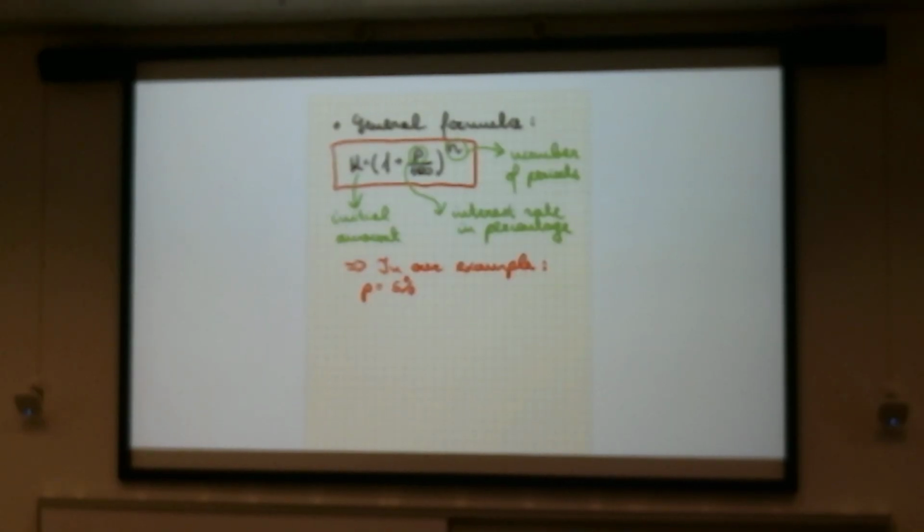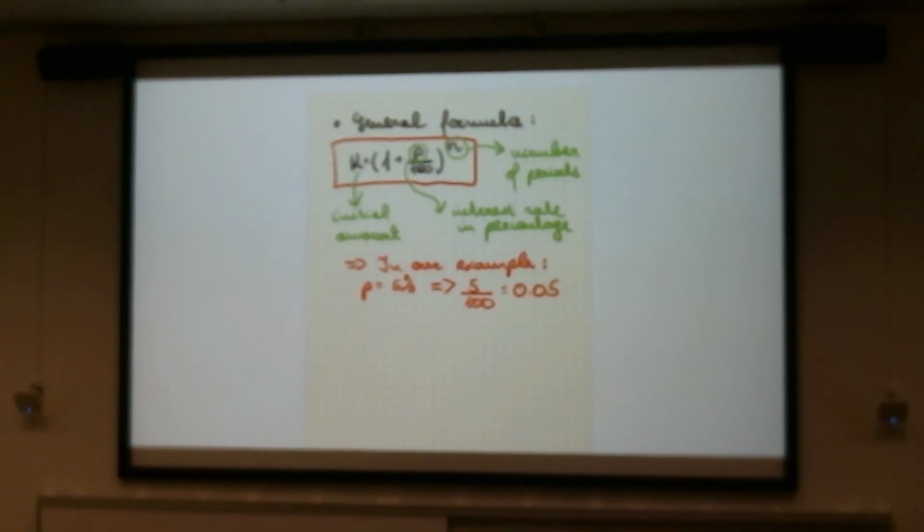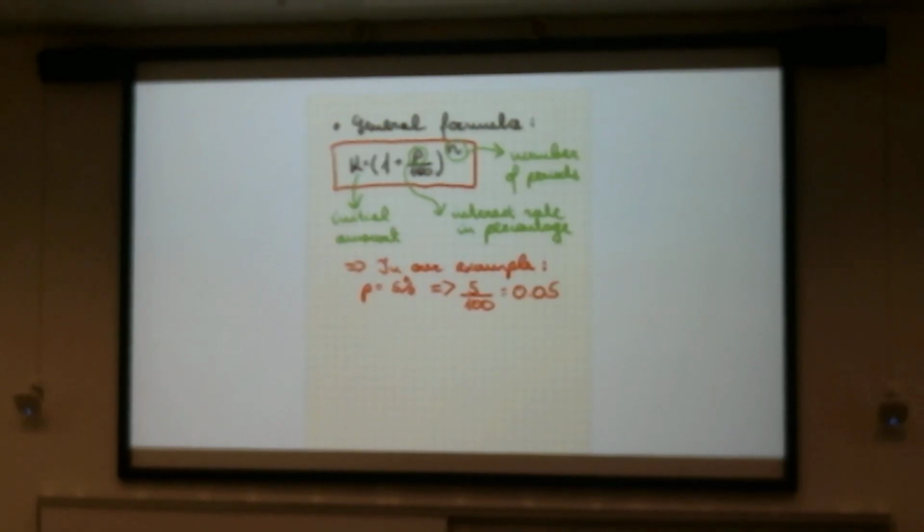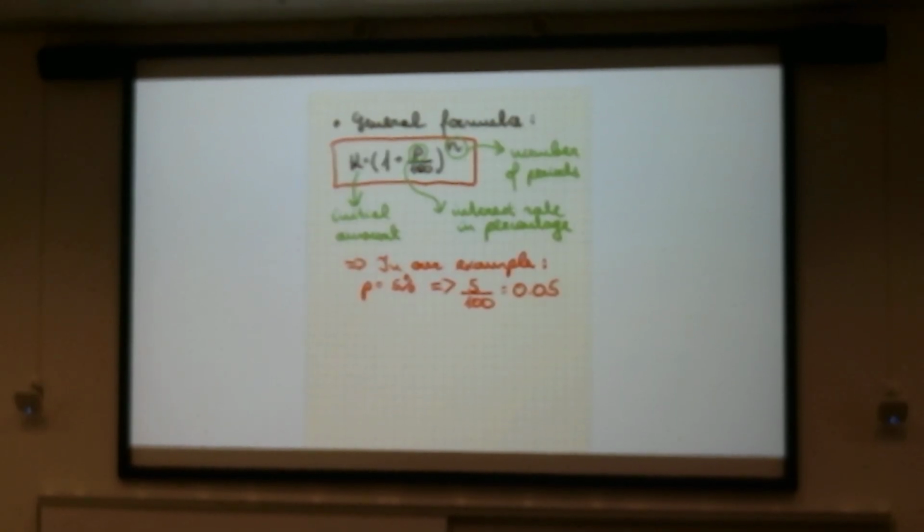So to use 5% in this formula, we do 5 over 100, so P over 100, and it gives 0.05. I just write nominally 5%, but mathematically I need to multiply by 0.05, like this.